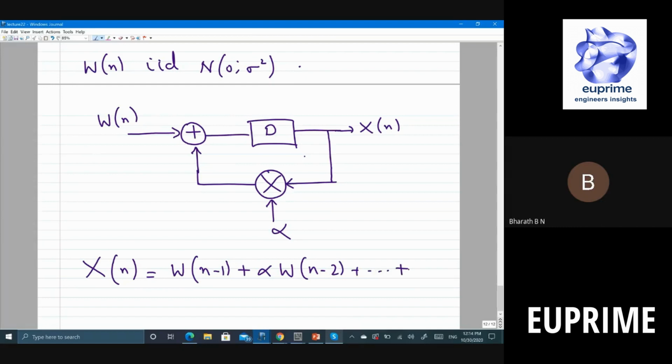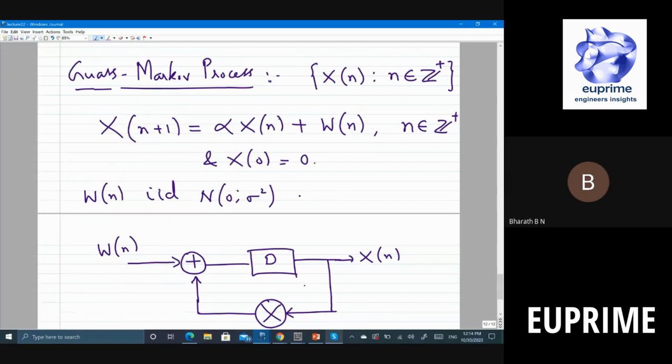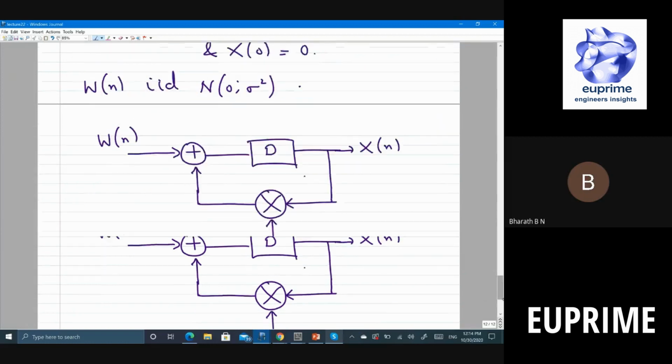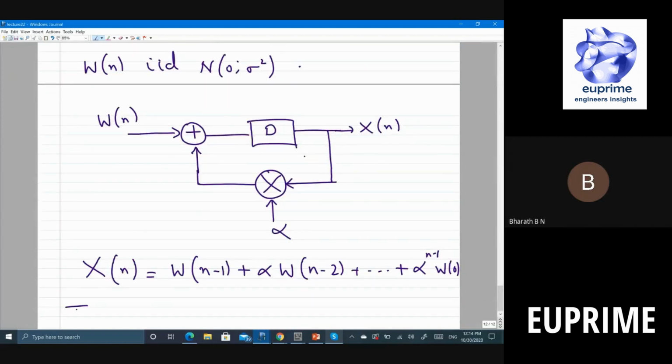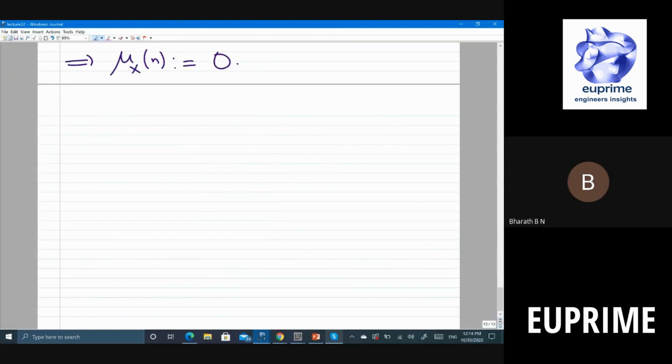The last one would be alpha to the power n minus 1 times w of 0. How did I write this? Recursively: x of n is alpha into x of n minus 1 plus w of n minus 1. Keep doing that and you will get it. So this implies the mean process is 0, because it's the sum of Gaussian IID random variables with 0 mean.